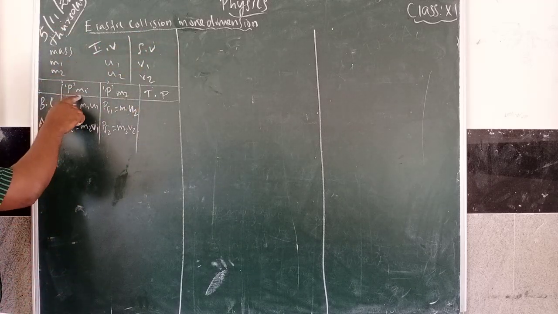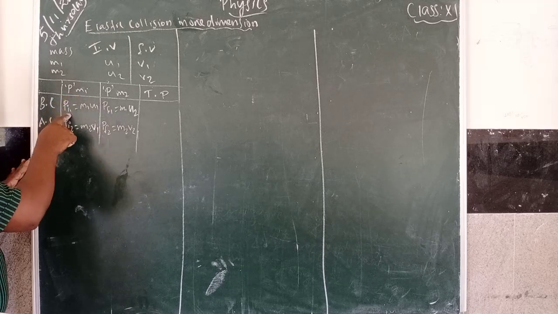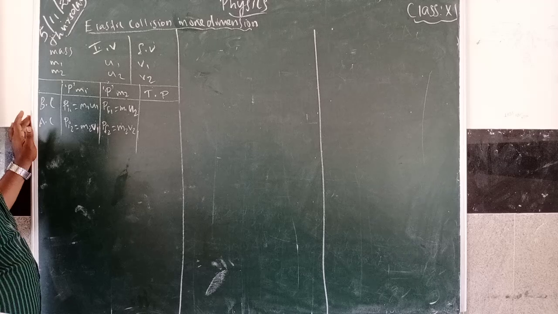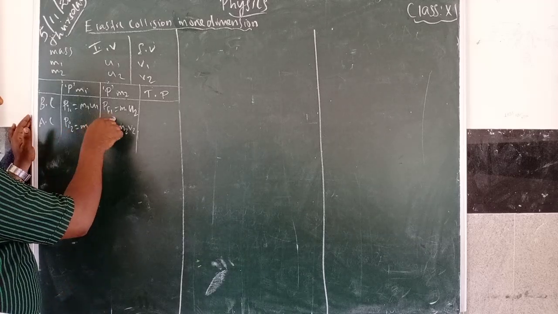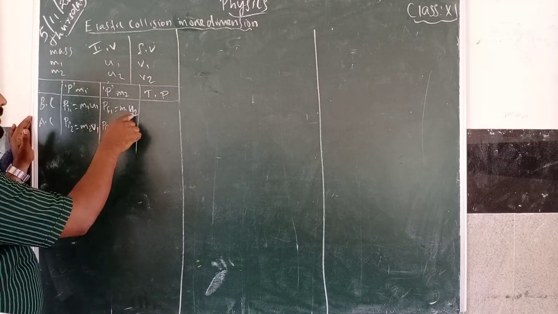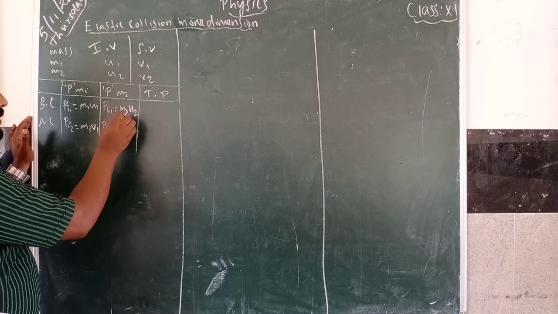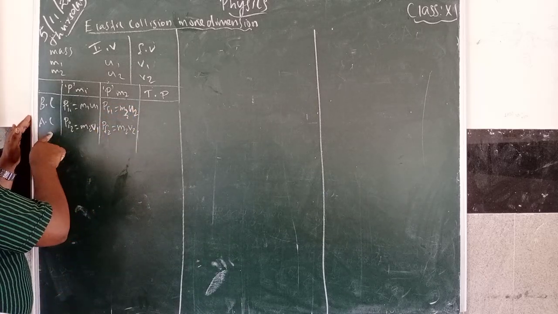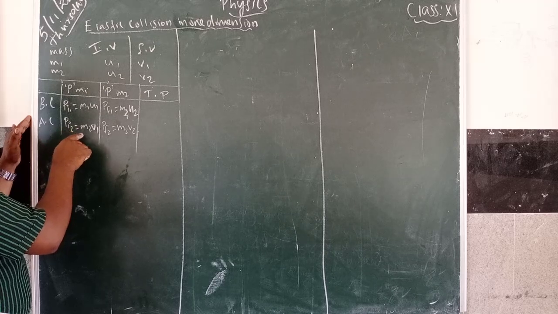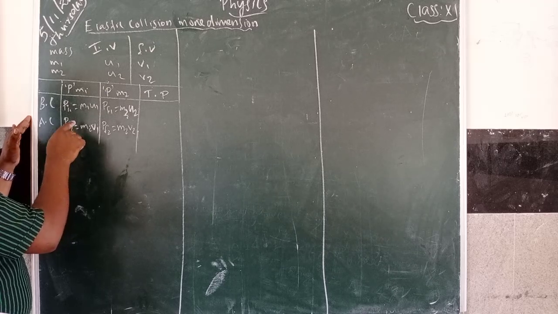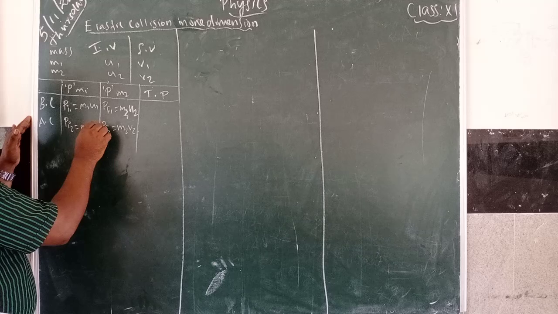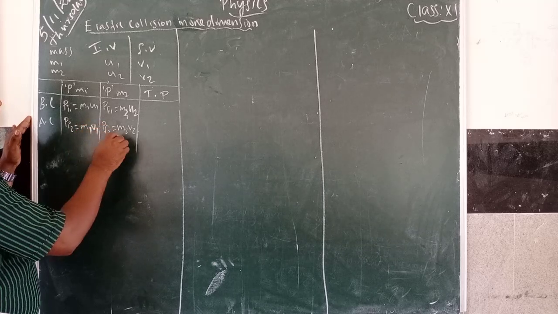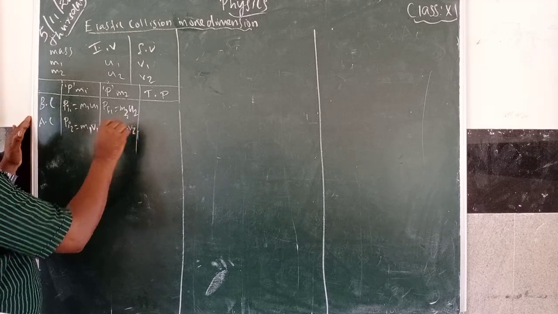Now we are finding the momentum of mass m1. The initial momentum is m1 u1, and for m2 it is m2 u2. The same after collision: m1 v1 and m2 v2.